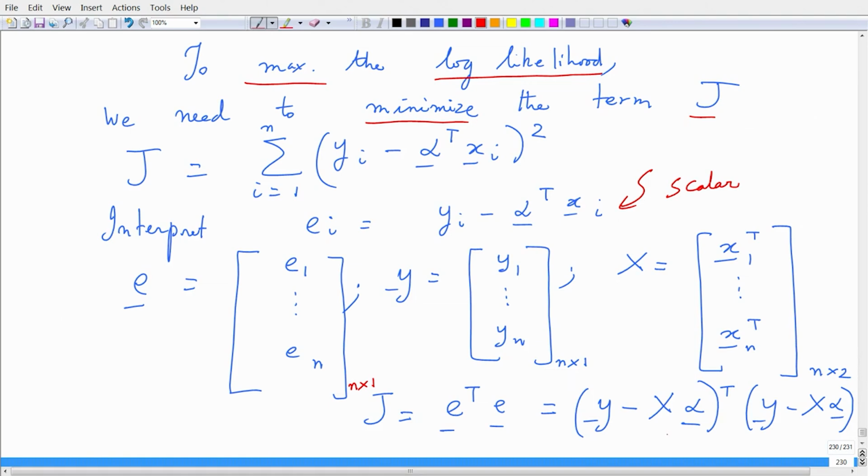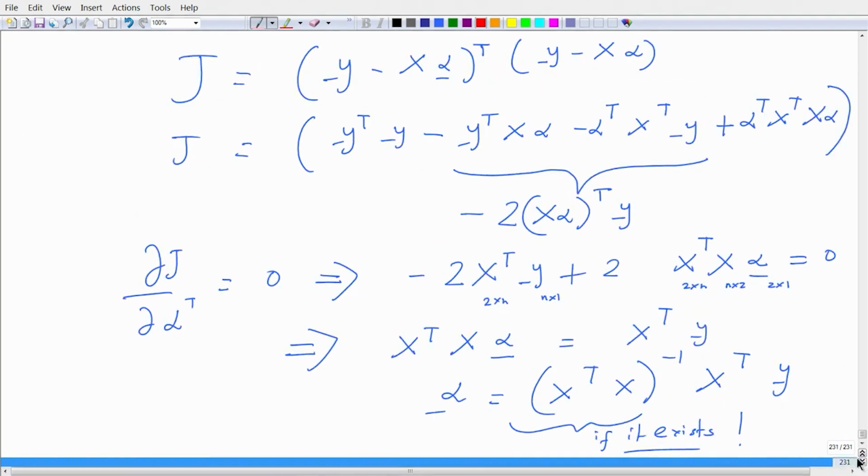This is n by 2 and this is 2 by 1, so this gives me an n by 1, and y is n by 1. So, everything is sane in our formulation. Now, let us proceed with our simplifications.